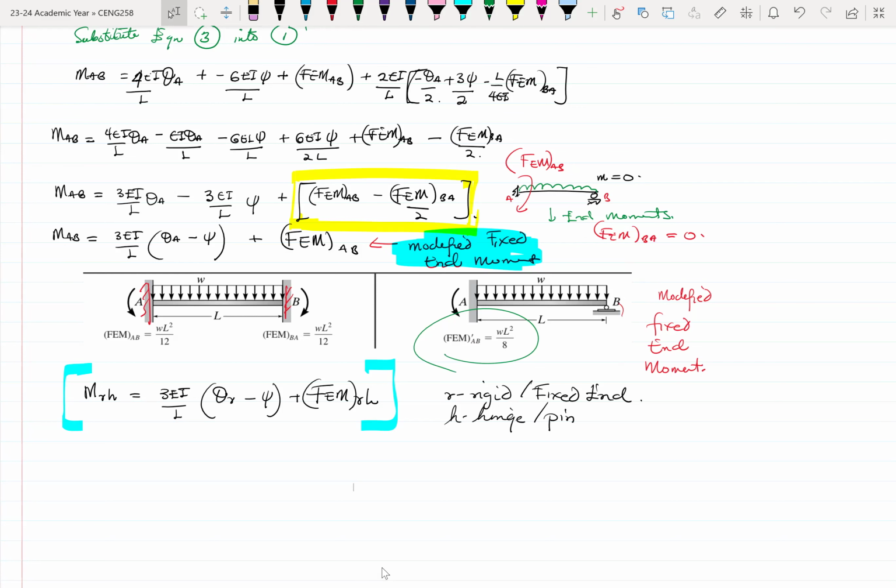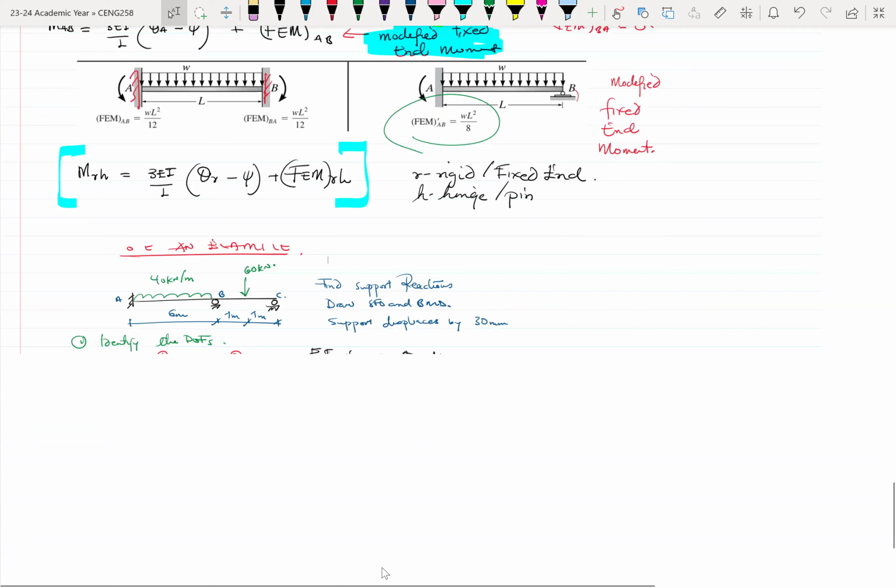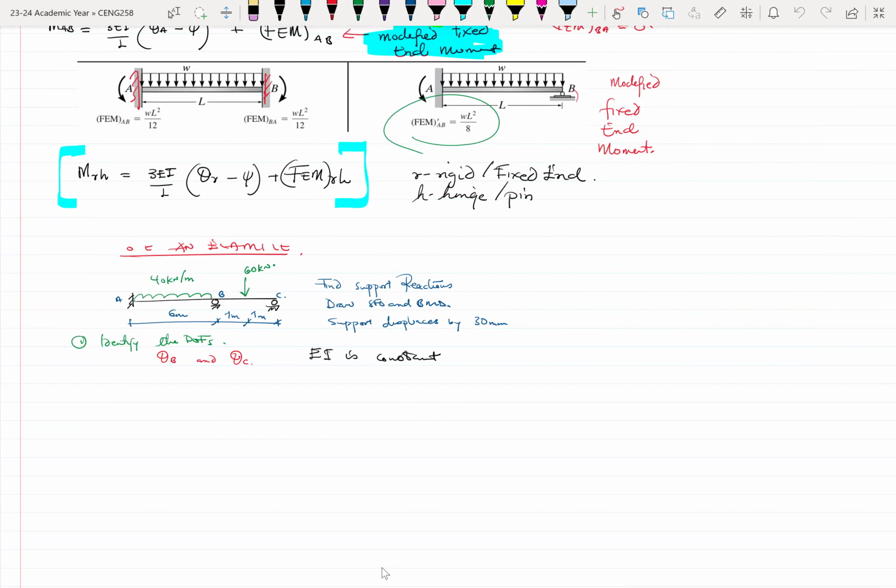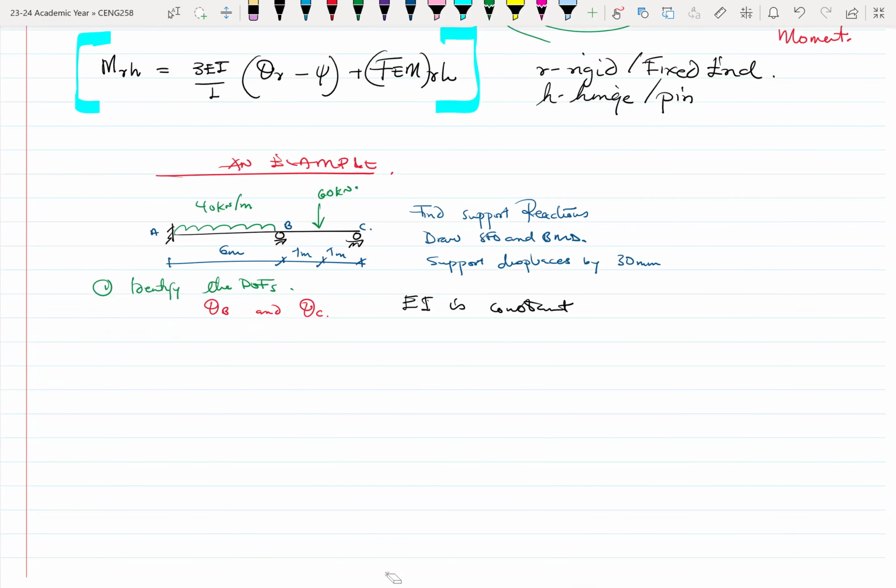So I'm just going to solve the same example. So there's an example for us to look at. Nothing really is different from what we had, just that now we know that this end here is pinned, so we will use the modified approach for that.